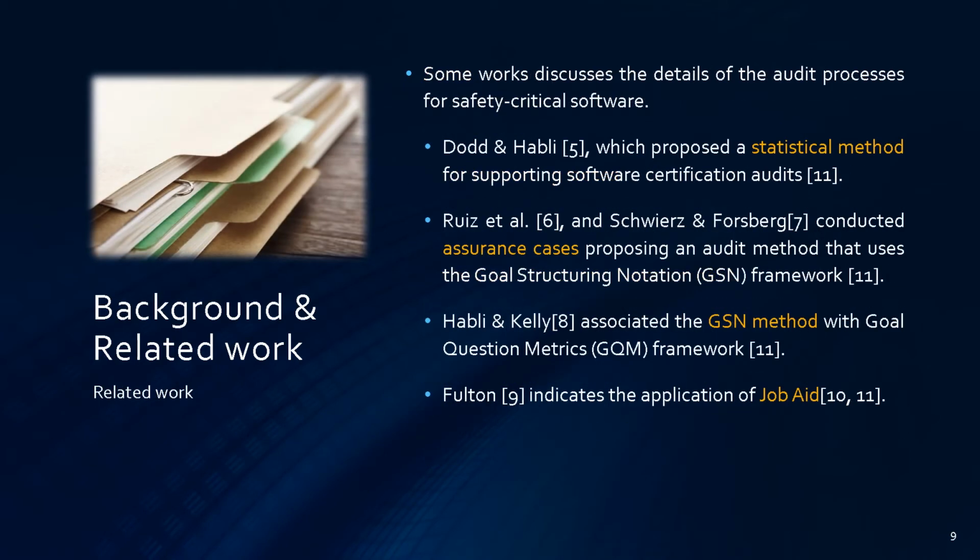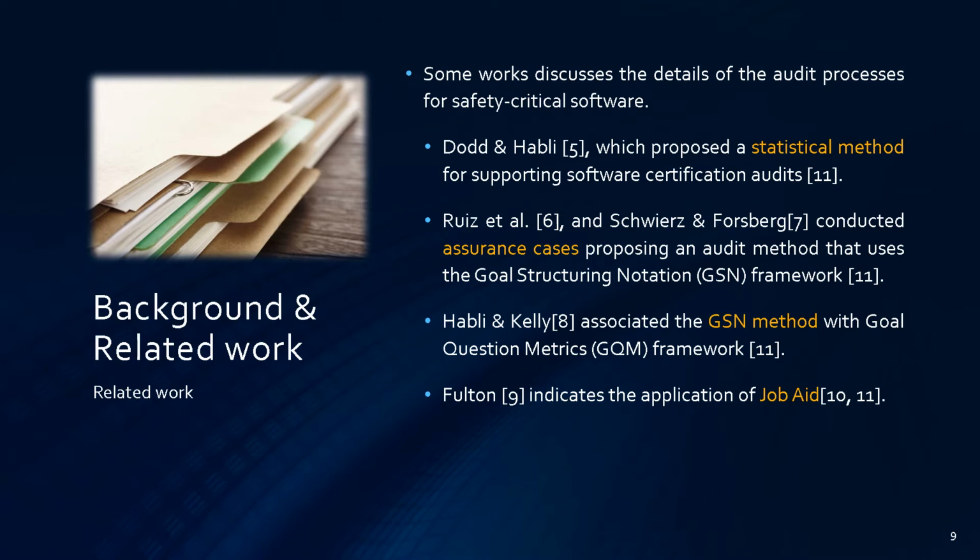Since the beginning of my research, I have found some papers in the literature that have discussions about safety-critical software. Some of them proposed a method, like a statistical method, that supports the software certification audits. Others used concepts of assurance cases and associated it with the goal structural notation framework.